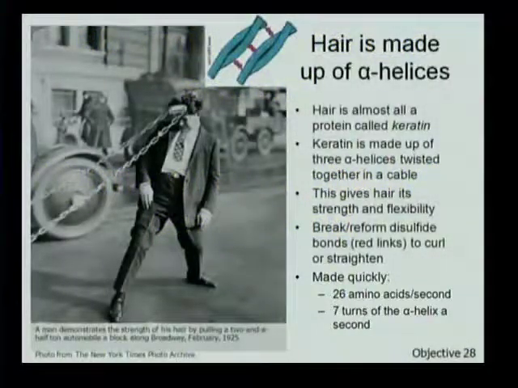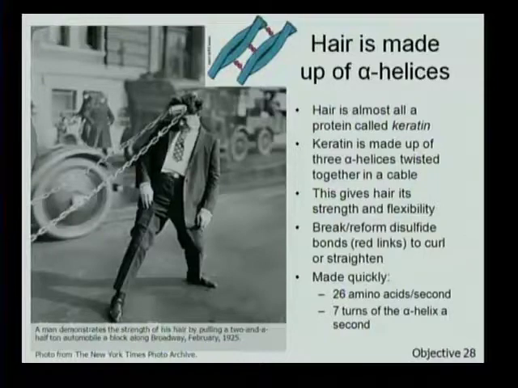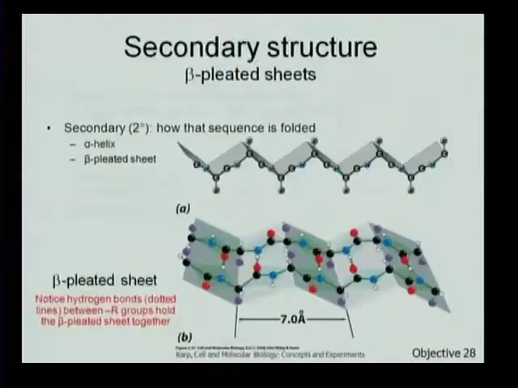So as I'm sleeping, as I'm going about my everyday activities, I'm spinning out about 7 turns of this alpha helix every second that I'm alive as my hair is growing.